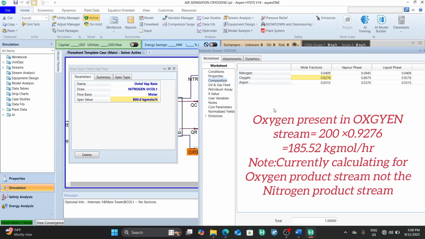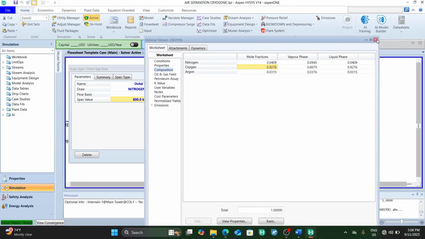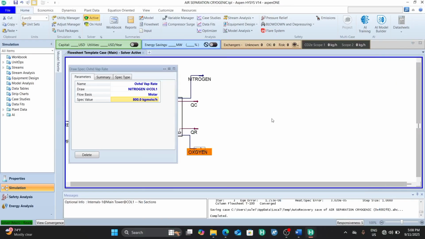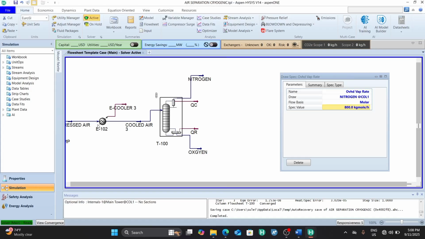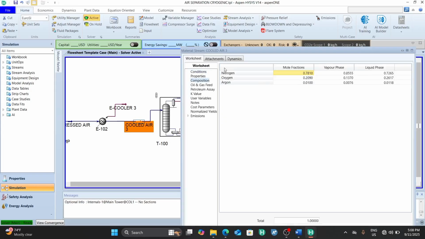So we're going to do 0.9276 times 200, and that's 185.52. Now that's what we have for our bottoms product stream. We need to check the total oxygen present in our feed.